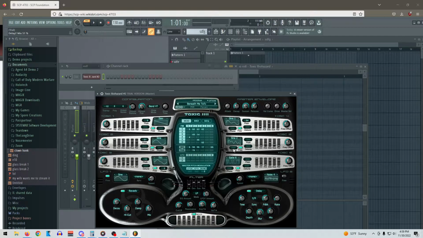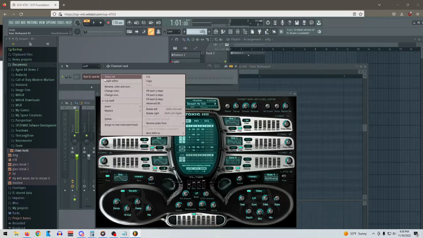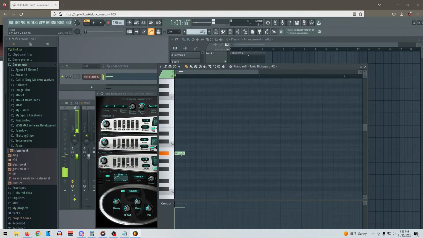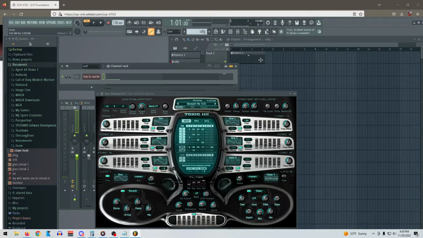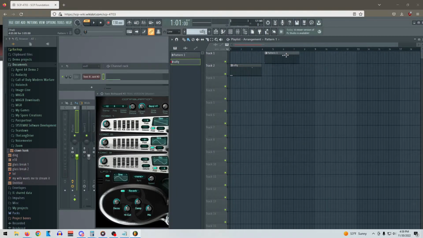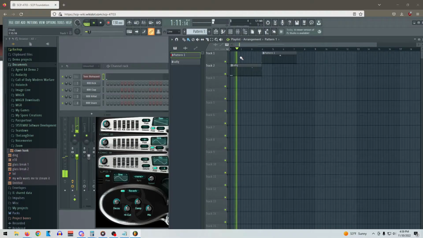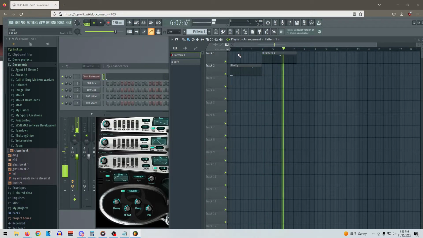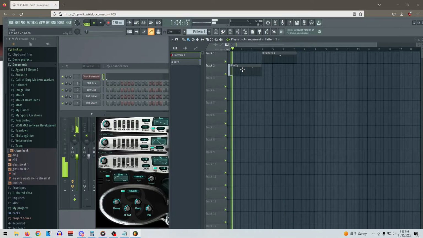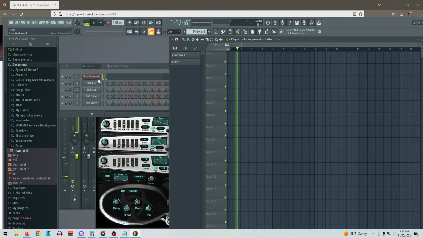That's still not working, so piano roll. We'll make that one real short and this one real long. Okay. All right.